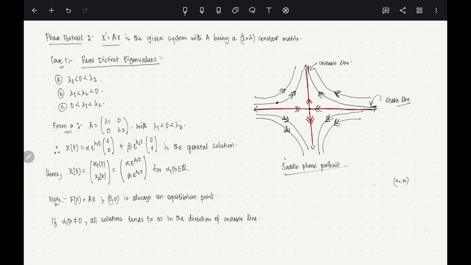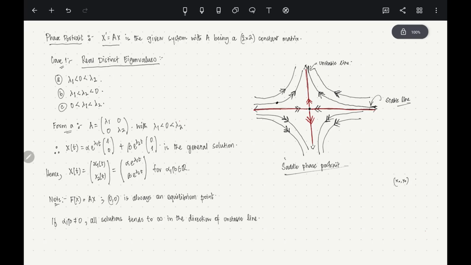So x of t at t equals 0 is the initial position of the particle. This is actually giving you a kind of vector field. Think of a magnetic field: if you put a point here, that point will be carried along.